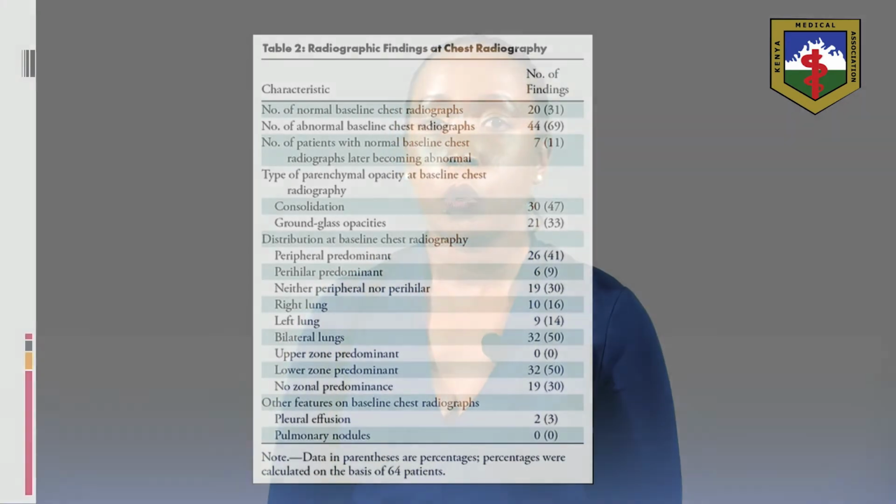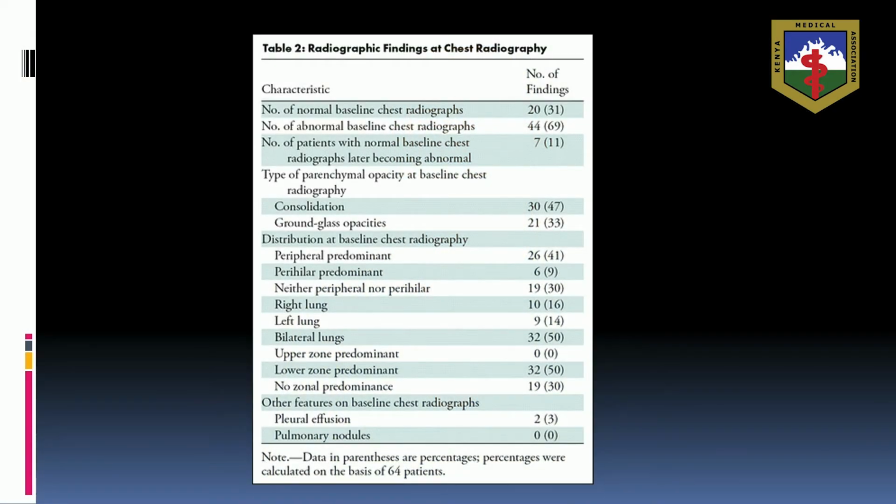The things that were seen in this study were 47% had consolidation, 33% had ground glass opacities. In distribution, peripheral predominance was in 41%, while perihilar predominance was in 9%. So when you see perihilar predominance, then your mind has to start thinking, is it possible that it's a different kind of viral pneumonia?